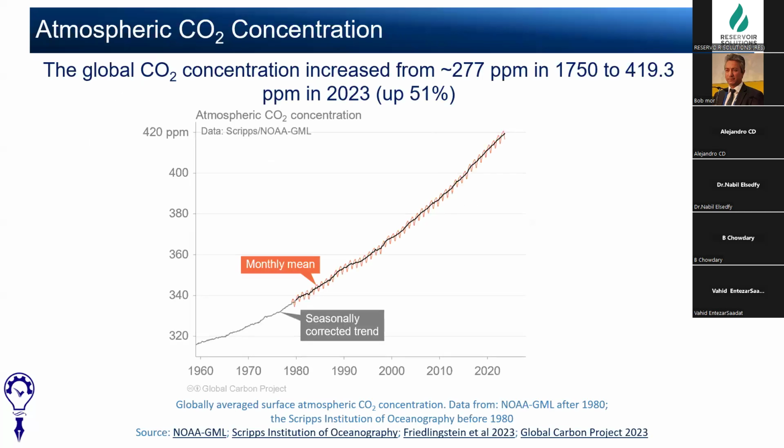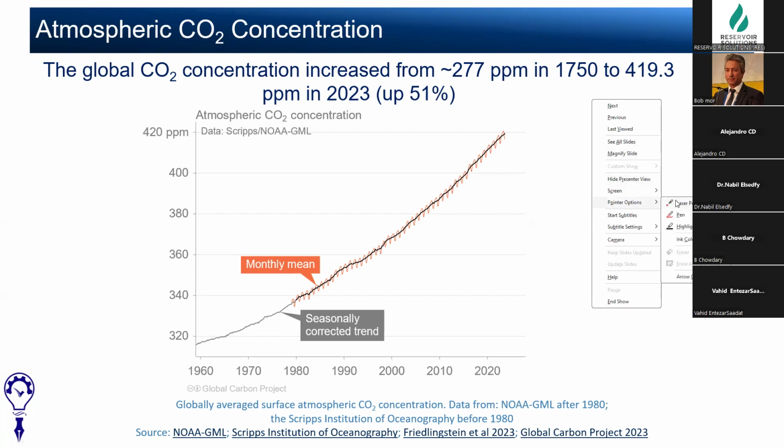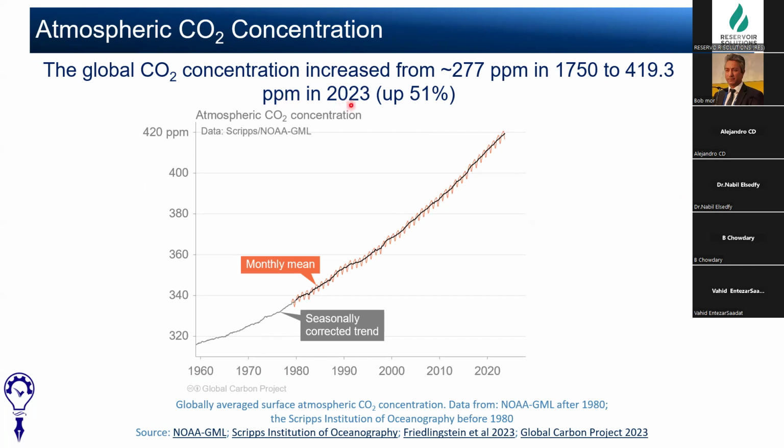So, as you are aware, currently CO2 concentration in the atmosphere has been rising sharply. In year 1750, it was just about 277 ppm, but currently in year 2023, it has risen to 419.